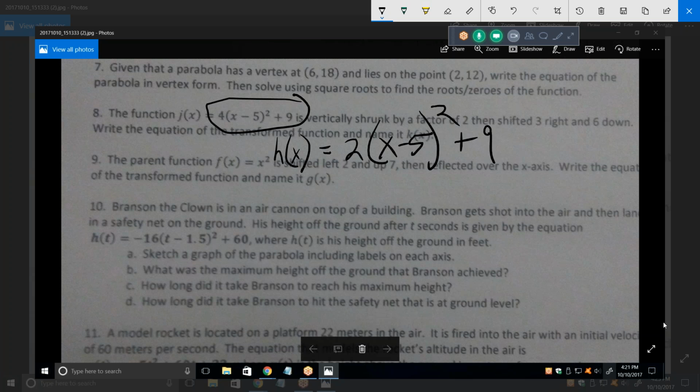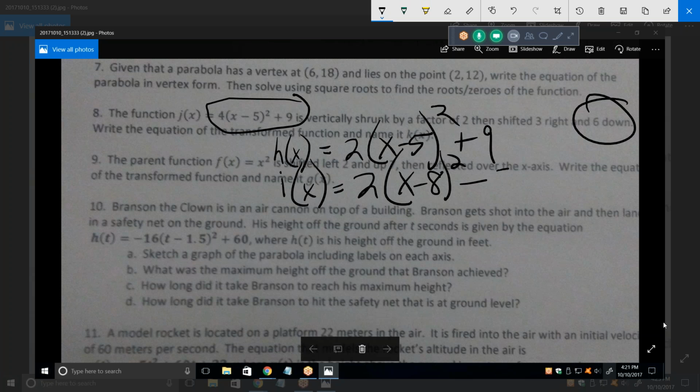And now, if I took this h of x and shifted it 3 to the right, what would it look like? So it's x minus 8. So h of x equals 2 times x minus 8 squared. And now do the final one, 6 down.